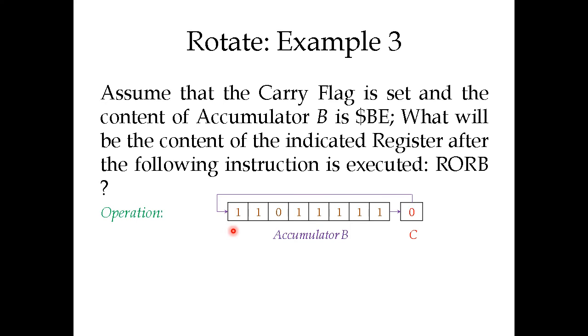Now the content of accumulator B is changed, and the carry flag is also changed, because the rightmost bit was 0, so now the carry is 0. If you try to answer what the content of accumulator B is, the answer is DF, because this is my D, 1101, and 1111 is F. So the new content of accumulator B is DF.